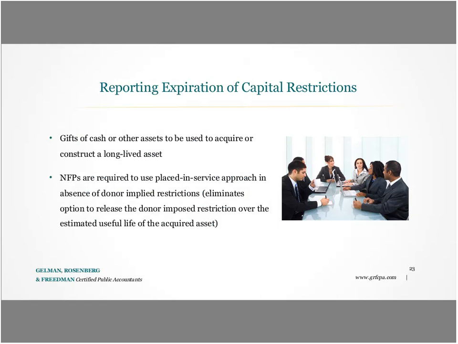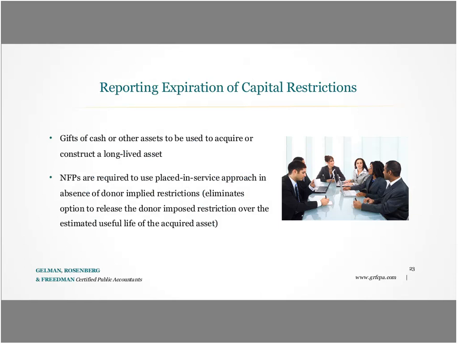The last provision is reporting expiration of capital restrictions. So if the not-for-profit has gifts or cash or other assets that are now to be used to acquire or construct a long-lived asset like a building, the not-for-profit is now required under this ASU to use the placed-in-service approach in absence of donor-implied restrictions.